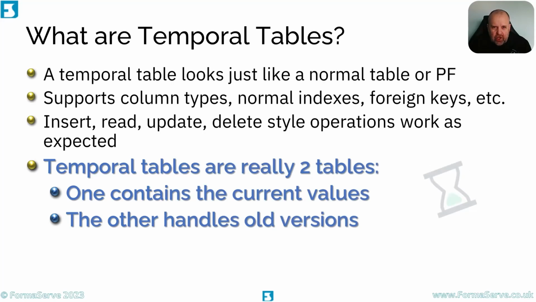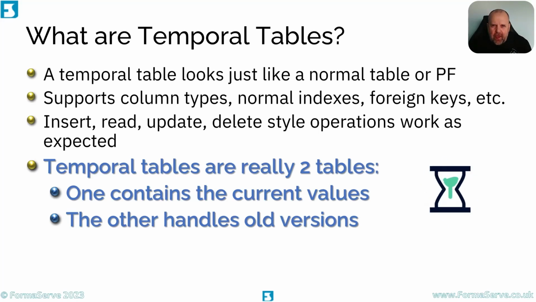A temporal table just looks like any other normal table, a physical file, no difference. We have the same column types, normal indexes, foreign keys, constraints, etc. And database updates, reads, deletes, all done exactly the same as we did before. But temporals are really two tables.